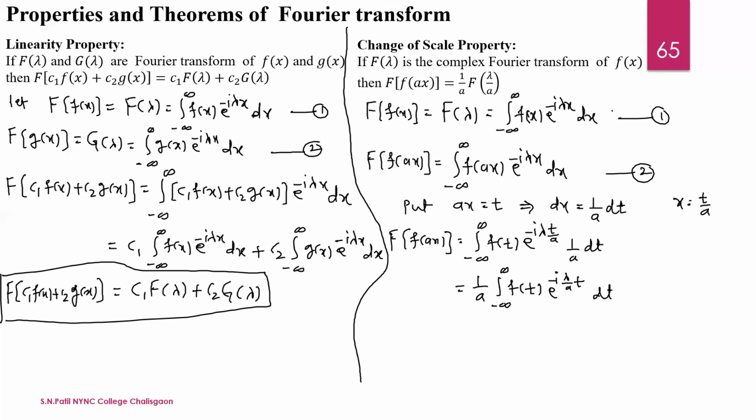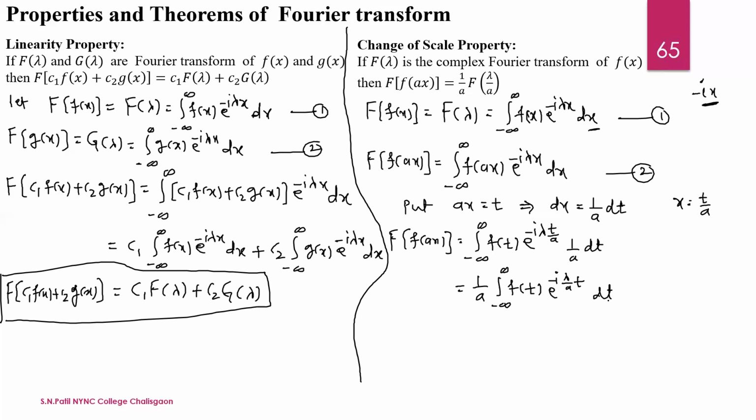Now see formula number 1. In formula number 1, in the integration f of x e to the power minus i lambda x dx, the coefficient of minus ix is lambda, so we write here F of lambda. Identify the coefficient of minus ix in the exponential power, that is lambda, and write lambda here.